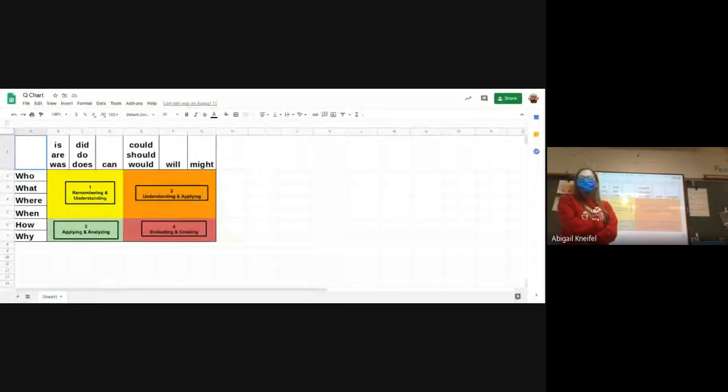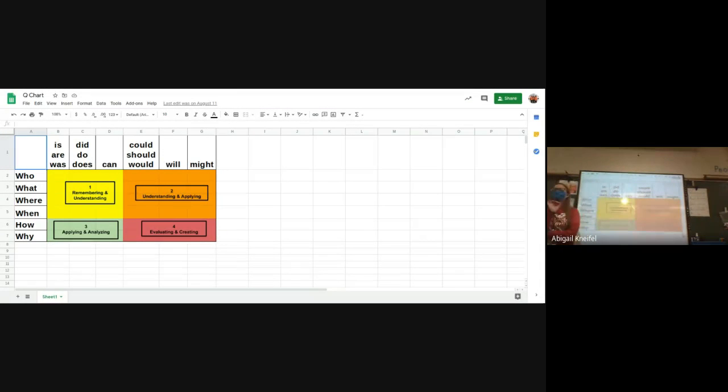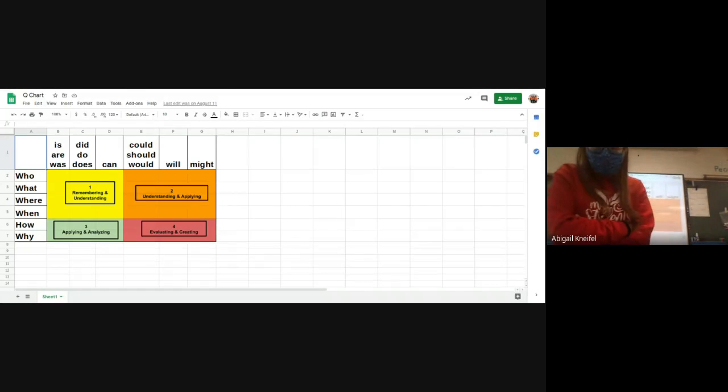And what quadrant? So you should have the answer and the number. What were my question words? What was? Which quadrant is that coming from? If you have not answered, I need an answer soon. Olivia, you're good to go.